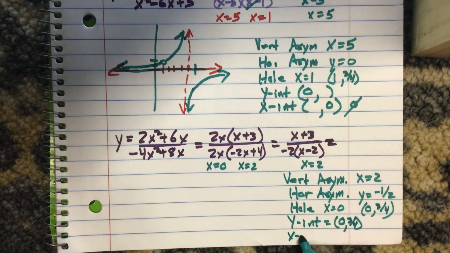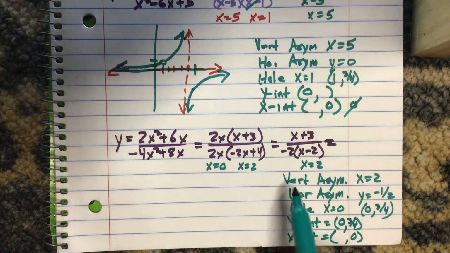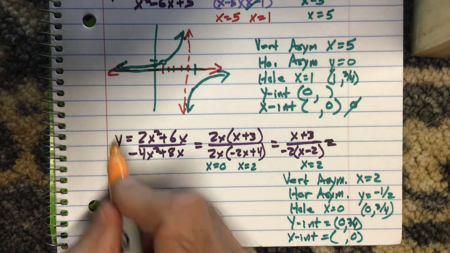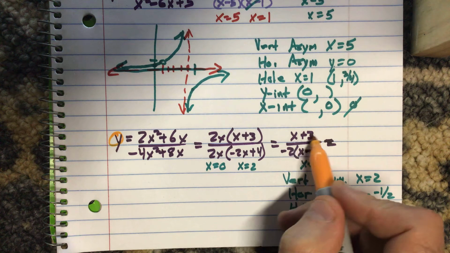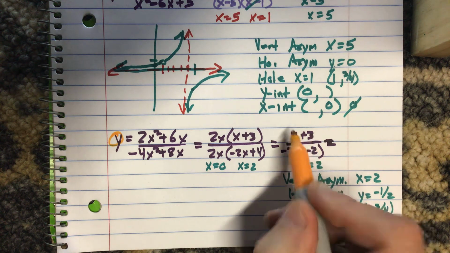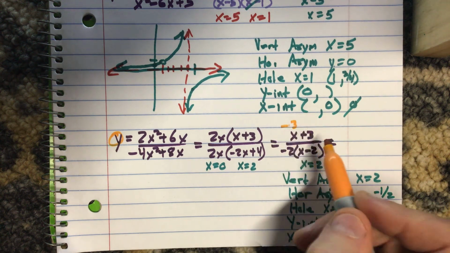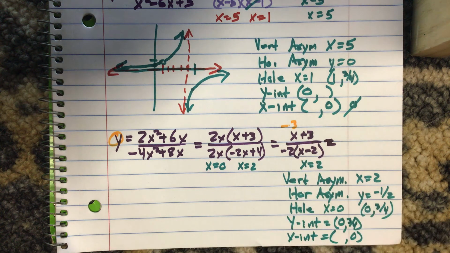And then the x-intercept is when the y value is 0. So in order for this y to equal 0, the numerator would have to equal 0. And the way that's going to happen is if x is -3, because -3 plus 3 equals 0, and then this whole thing will equal 0. So it's at -3. And that's your x-intercept.